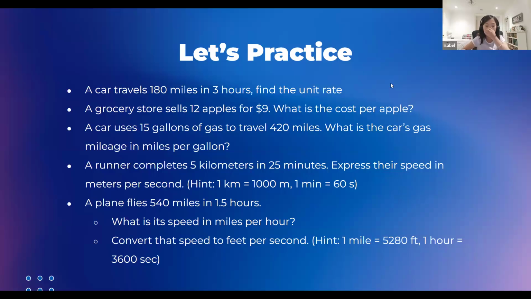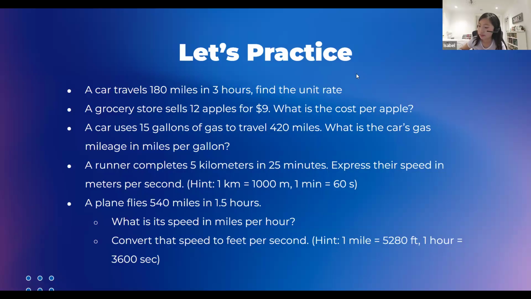And then to convert that to feet per second, I multiplied 360 by 5,280, and then I got 19,008. Then I multiplied 3,600 by 1 to get 3,600, and then I divided.